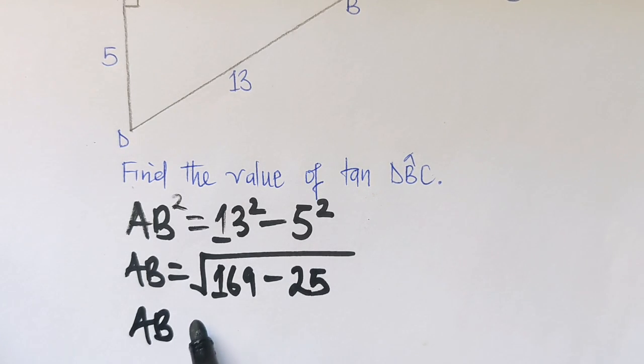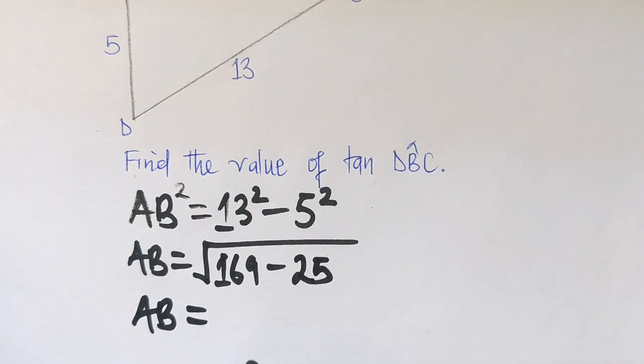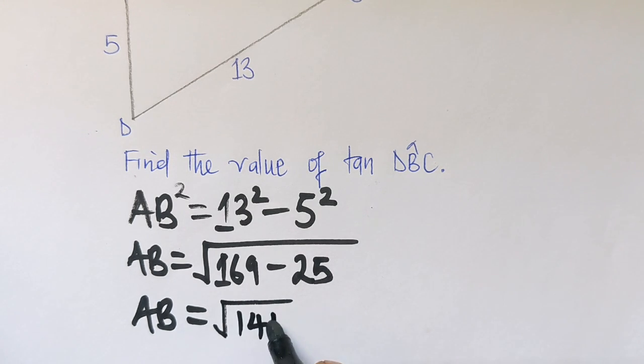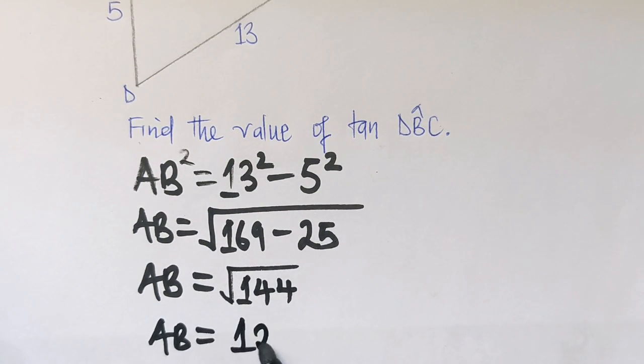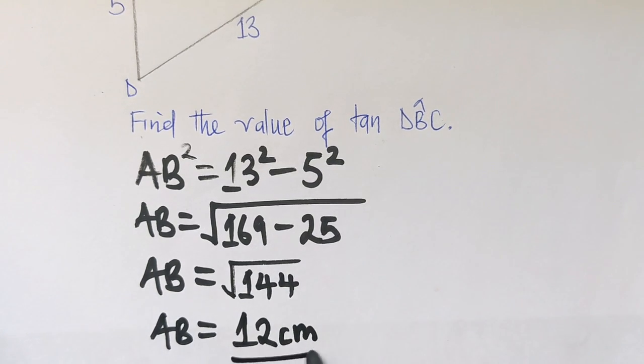AB is equal to the square root of 169 minus 25. This gives 144. So we are looking for the square root of 144, and this is just going to give us AB, which is equal to 12. So AB is 12 centimeters.